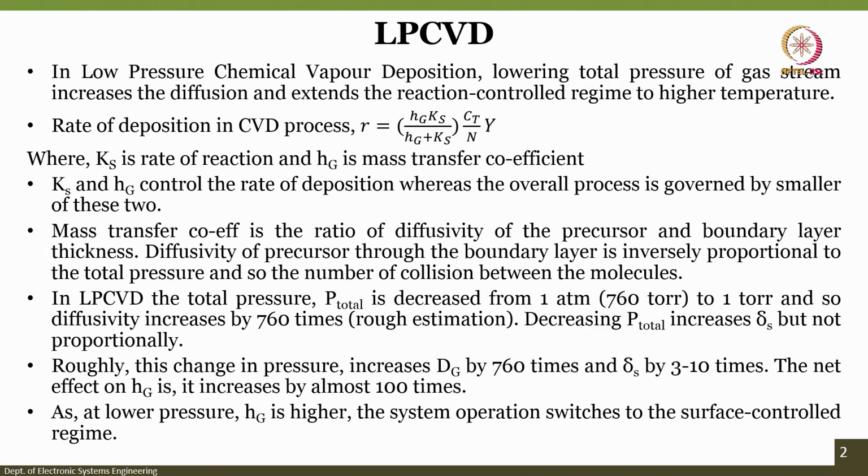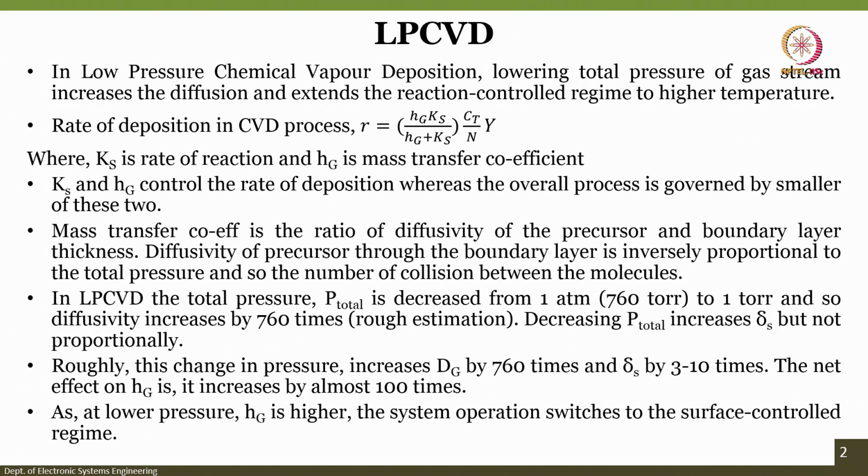So, in this case, if you want to give the rate of deposition in LPCVD or in a CVD process, the rate of deposition is given by R equals, in the bracket, Hg Ks divided by Hg plus Ks, into Ct by N into Y. So, Hg is the mass transfer coefficient and Ks is the reaction rate.